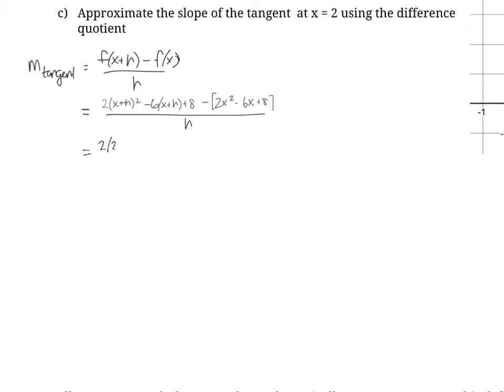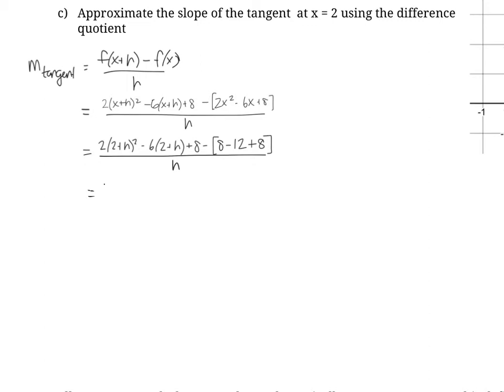So 2 times (2 plus h) squared minus 6 times (2 plus h) plus 8 minus 2 times 2 squared, so that's going to be 4 times 2, which is 8, minus 12 plus 8, all over h.